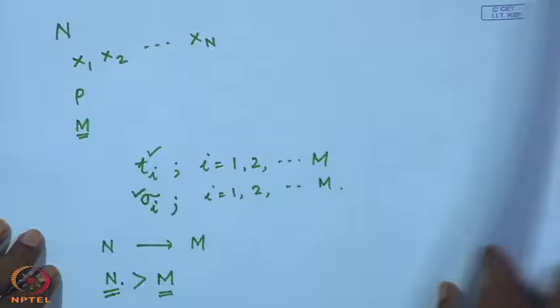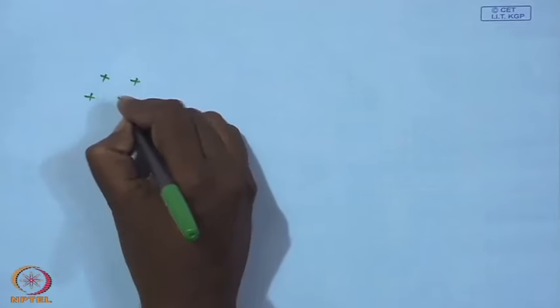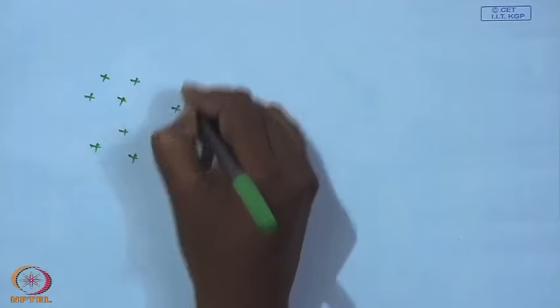Now, there are various clustering algorithms. One of the clustering algorithms is, say, initially I partition this n number of samples into capital M number of clusters. So, every cluster will have a number of samples. Say suppose I have got a number of feature vectors which are given like this.